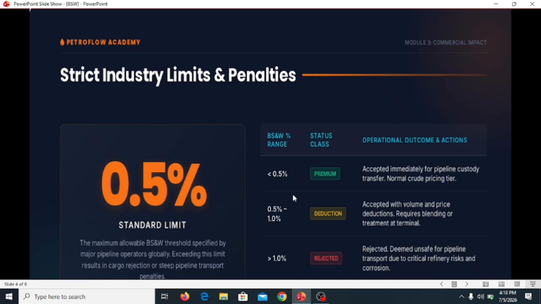So the oil company can pay a lump sum of money for them to reprocess this crude oil. So it is accepted, but with value and price deduction, and requires blending or treatment at the terminal.